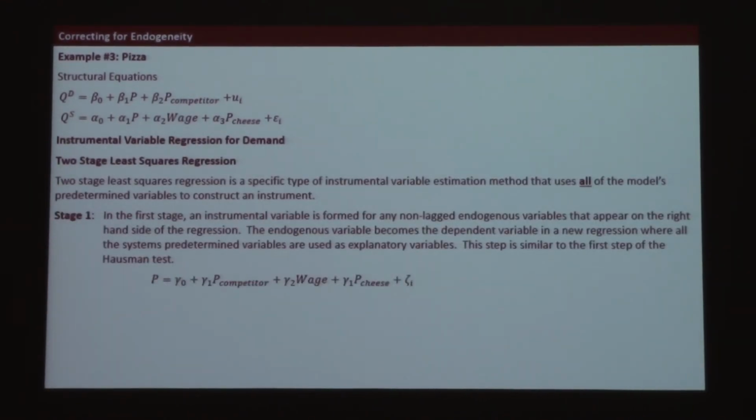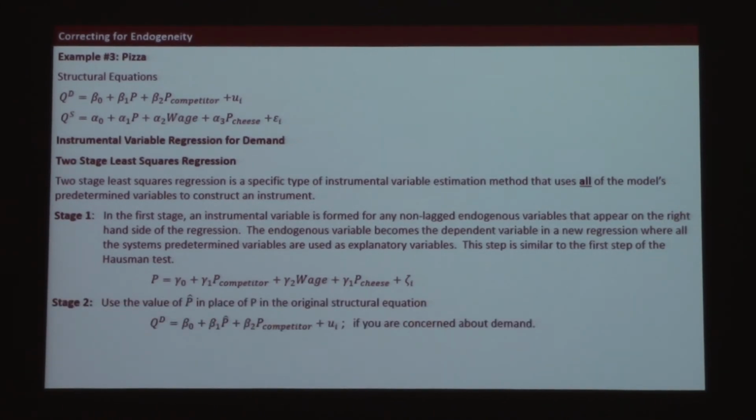Two-stage least squares. Technically, you kind of construct the instrument, and then we use the instrument in place of our endogenous variable. And notice the instrument is essentially going to be the same, whether it's supply or demand.